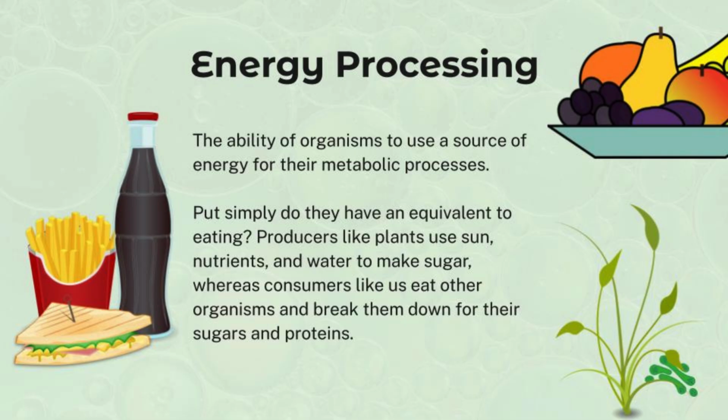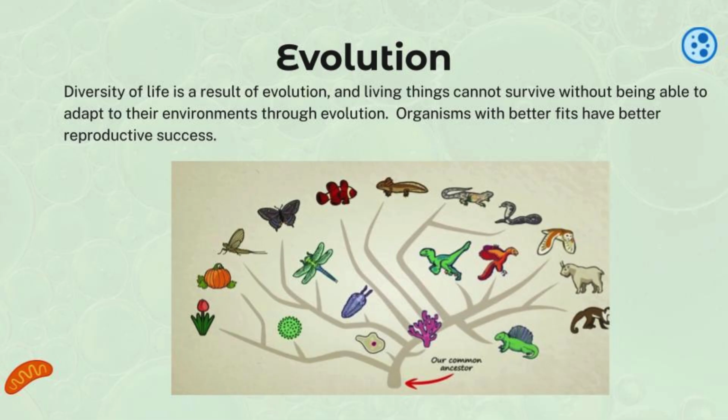Energy processing is the body's ability to use a source of energy. Could be food. This is photosynthesis to create sugars and then use the sugars. So if you can't eat, you're not alive. Now, there's some variation here about how they eat and what they eat, but you still have to use energy to be alive. Last but not least, evolution.